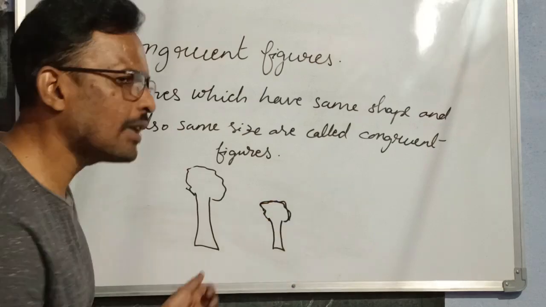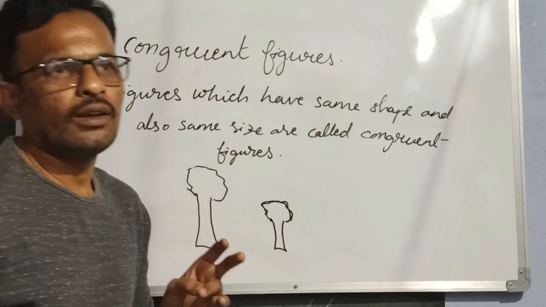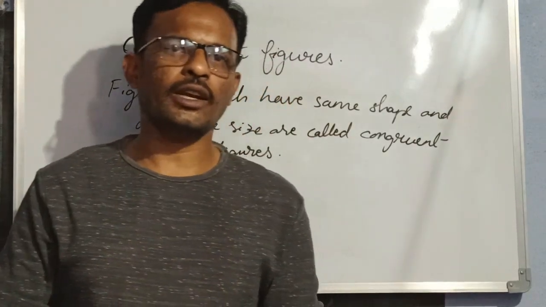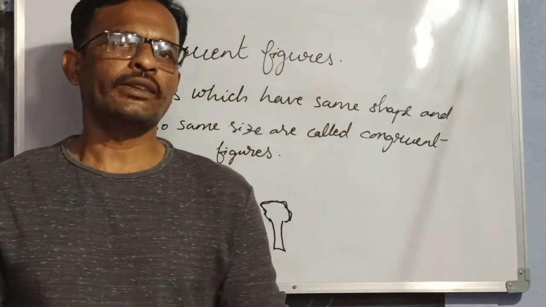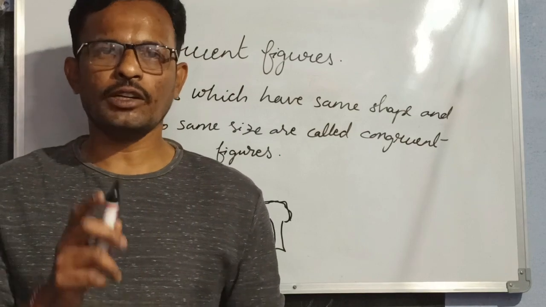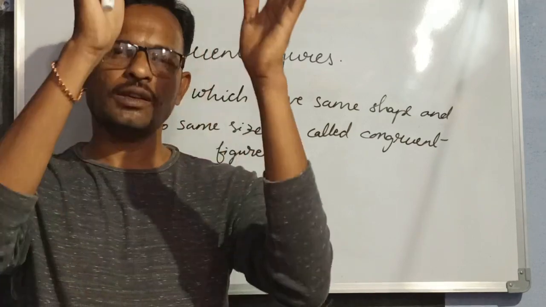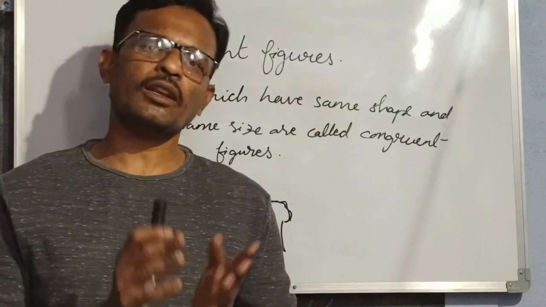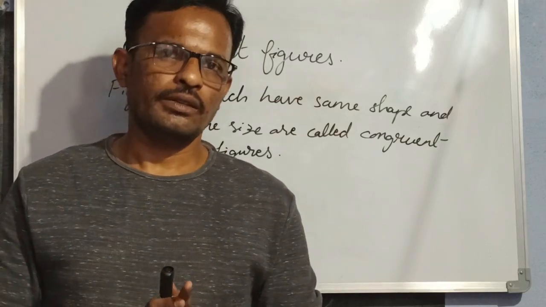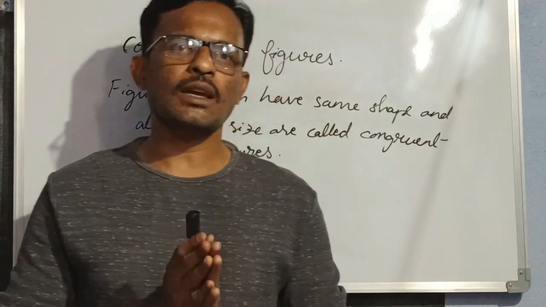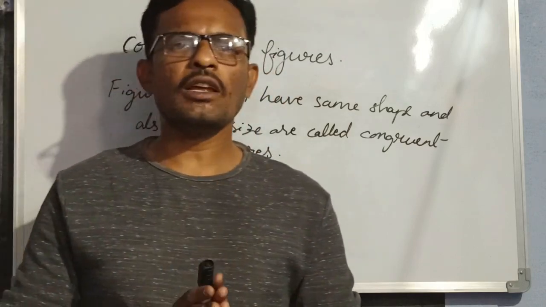Trees like coconut trees will grow very high, and some like a palm tree grow somewhat shorter. But those two are similar, means they are trees anyhow. That is the best example for similar figures.